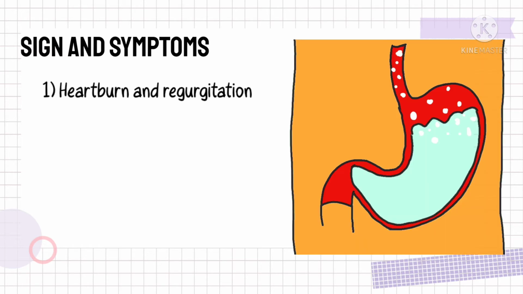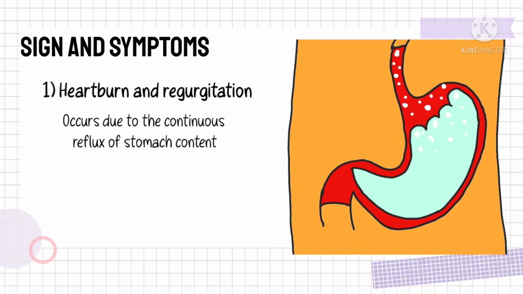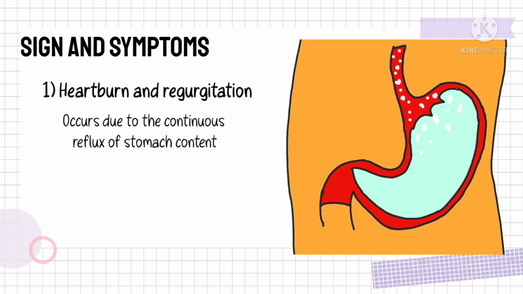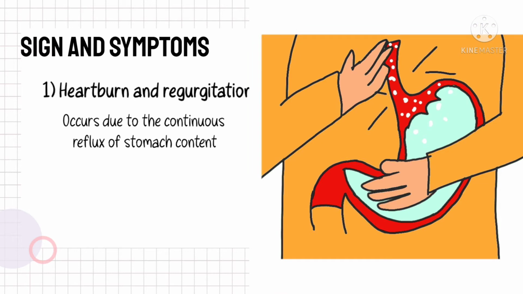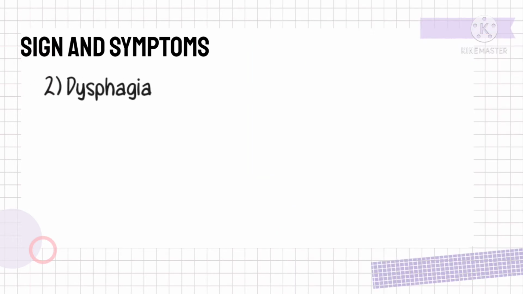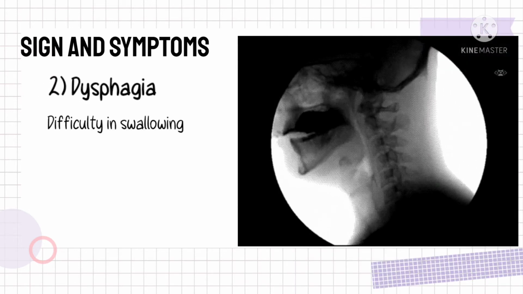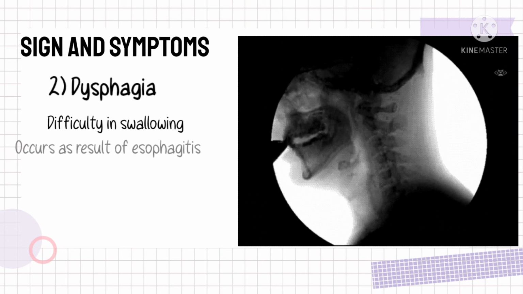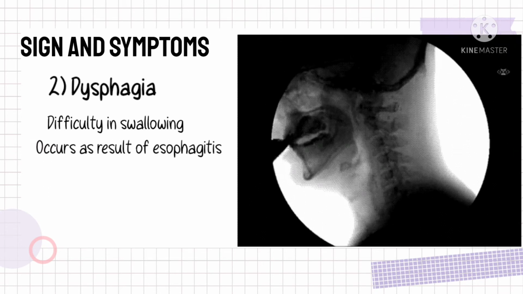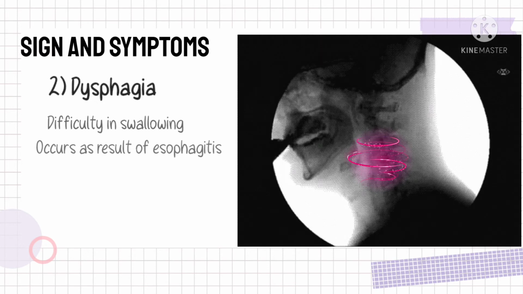Due to the continuous reflux of the stomach content, the esophageal mucosa becomes irritated, causing the symptoms. The next is dysphagia, that is, difficulty in swallowing. This occurs as a result of esophagitis, which is inflammation of the esophagus.